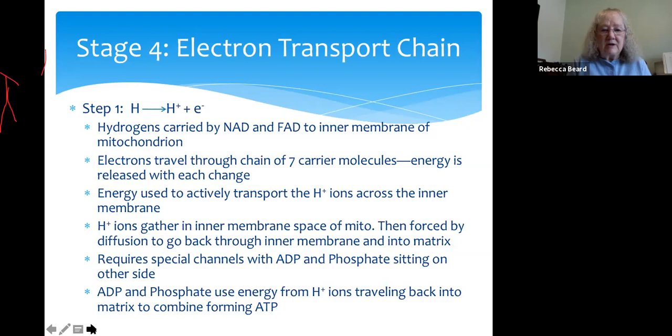This is going to require special channels. It's going to have ADP on one side, phosphate molecules sitting on the other side. And the ADP and phosphate are going to use the energy from the hydrogen ions traveling back into the matrix to combine, forming ATP. So the hydrogen ions are releasing energy to enable the ADP and the phosphate to combine, forming ATP. And it forms quite a lot of it. This process brings about 32 molecules of ATP.